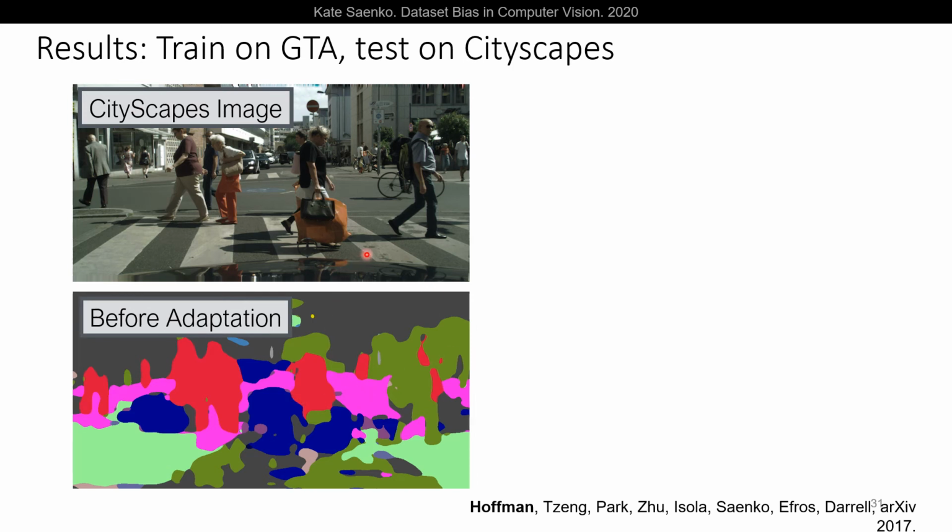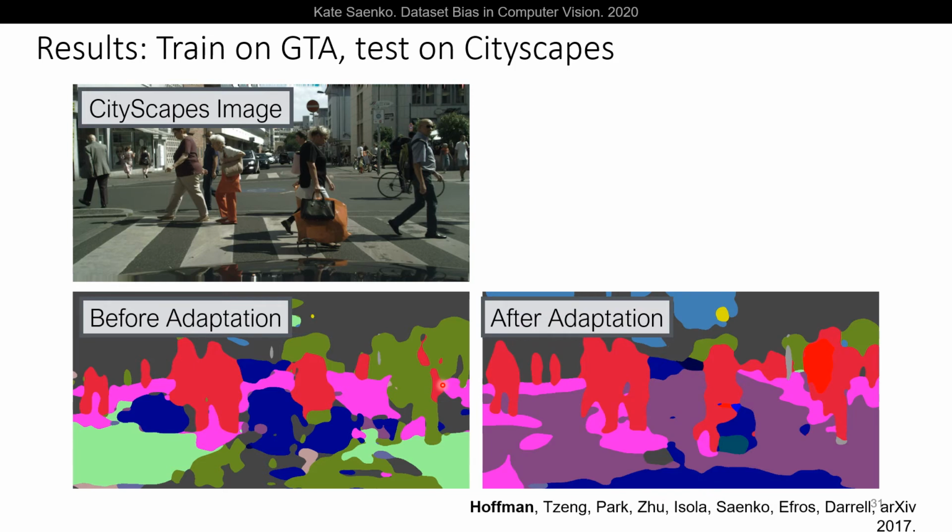And so again, going back to that example where we tested this model on a real image from Cityscapes. This model was trained on the game, and then when we tested it, it didn't do so well. Now with our adaptation technique, we can see that results have improved, especially for the road.